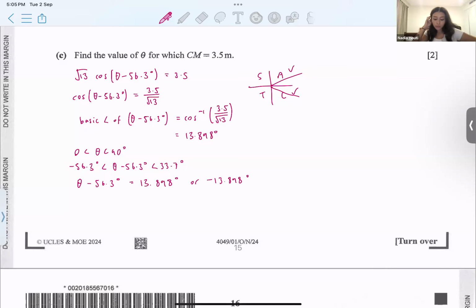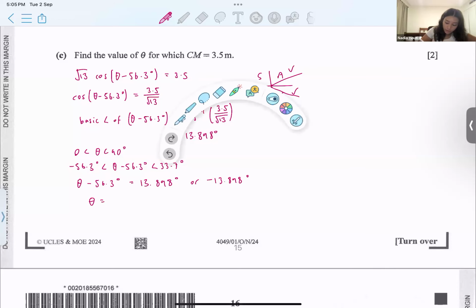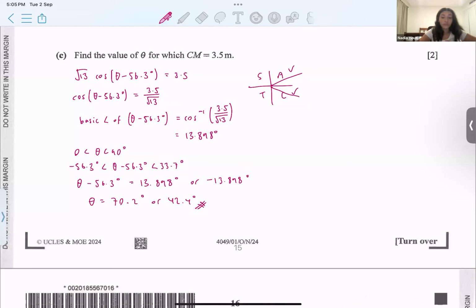These are the only two possible values that lie within the range of theta minus 56.3 degrees. To find the actual theta value, you just add 56.3 degrees to those two values. So you'll find that theta is equal to 70.2 degrees or 42.4 degrees. Those are the solutions for part C.